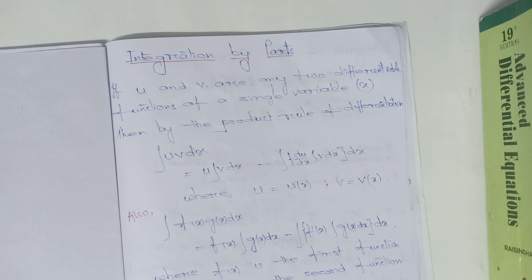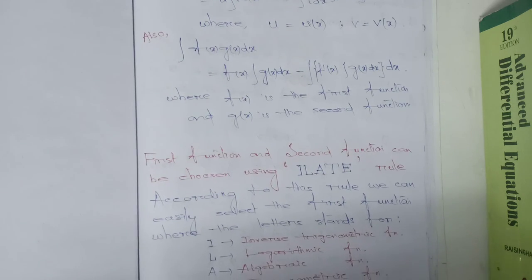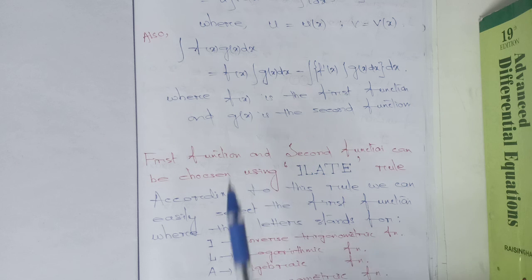Now using f(x) and g(x), the integration of f(x) g(x) dx. So students, let us consider f(x) as the first function and g(x) as the second function. There is also a rule for taking the first function and second function, which I will discuss now.